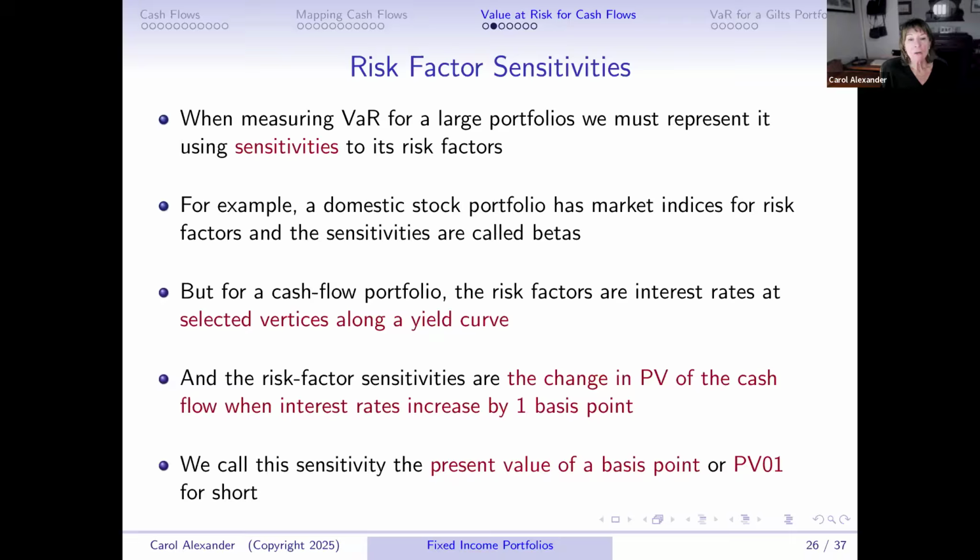And the risk factor sensitivities are going to be the change in the present value of the cash flow at each of these points along the yield curve. And it's the change in the present value when interest rates increase by 1 basis point.